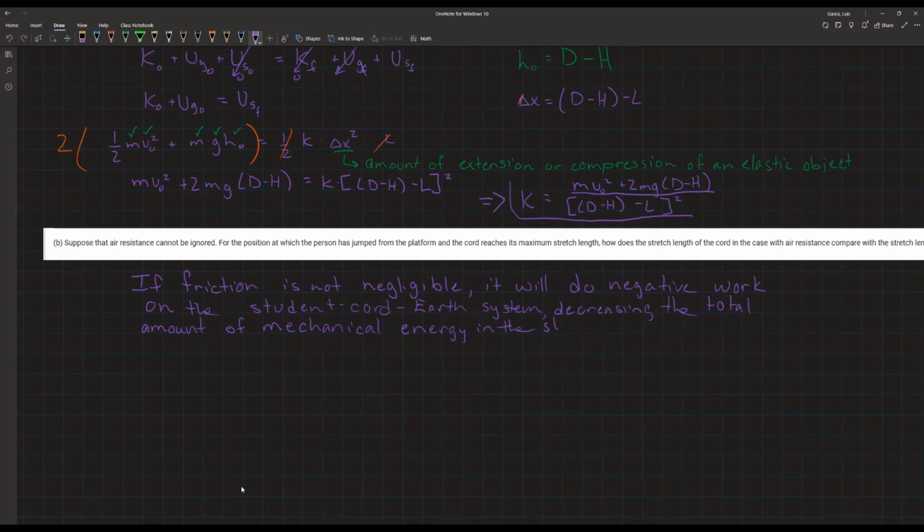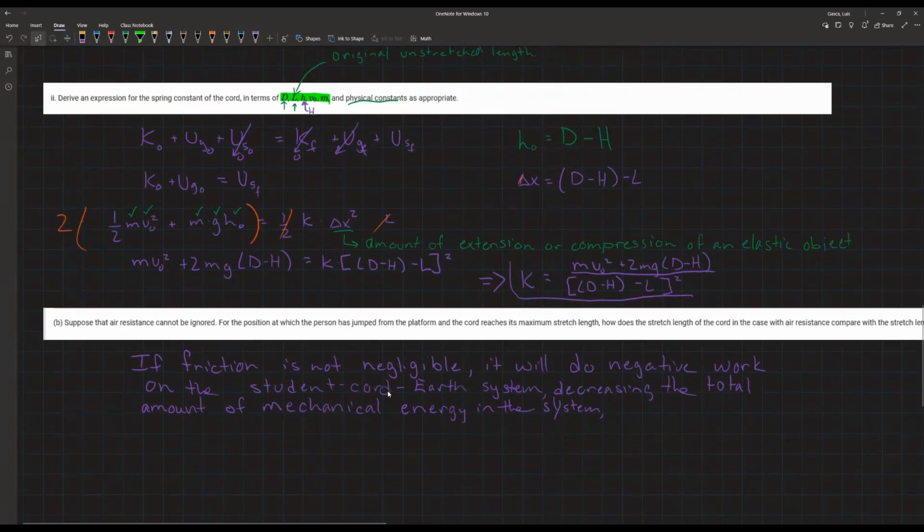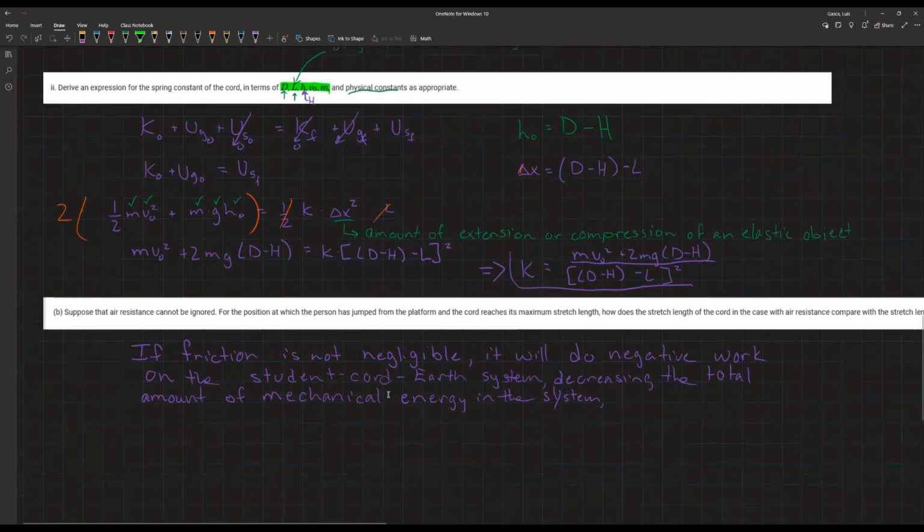Which means if I start out with some potential energy and some kinetic energy, and let's say I started out originally with 100 joules, friction's going to take away some of those 100 joules. And so if this quantity here was 100 before, but now friction is decreasing this amount, that means that when we're done stretching, the spring will stretch such that it holds less energy than before.